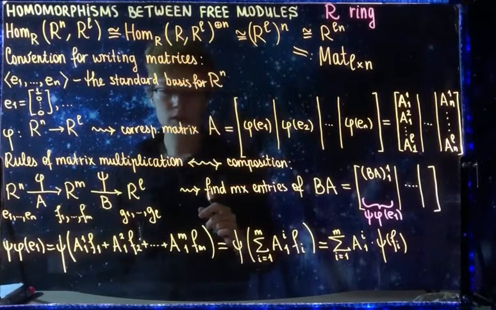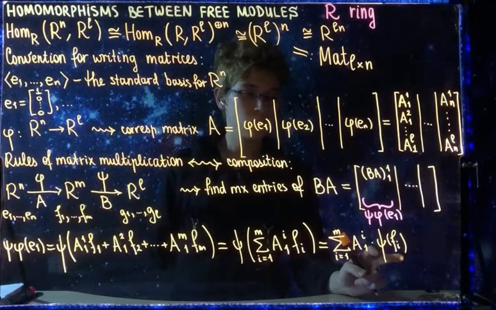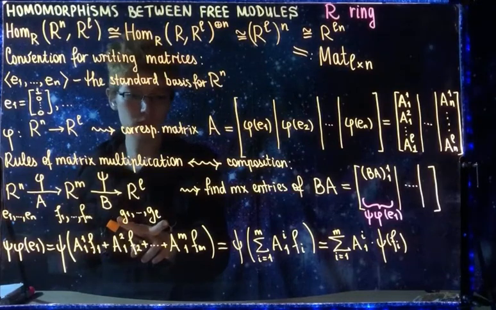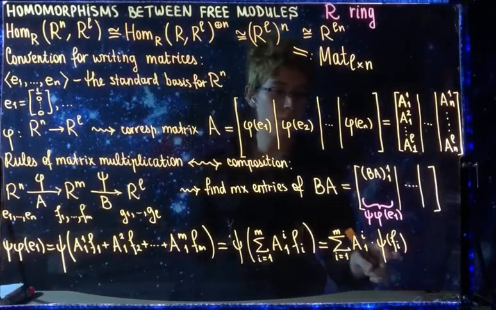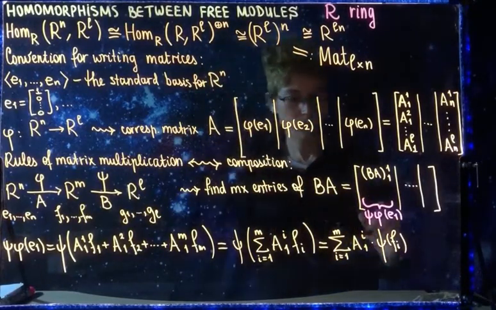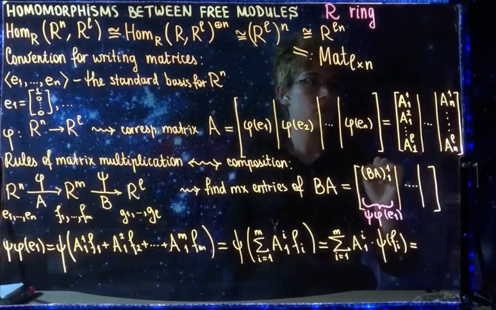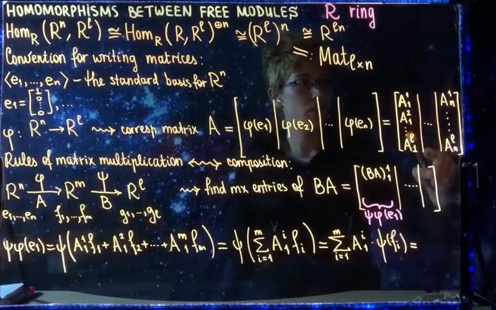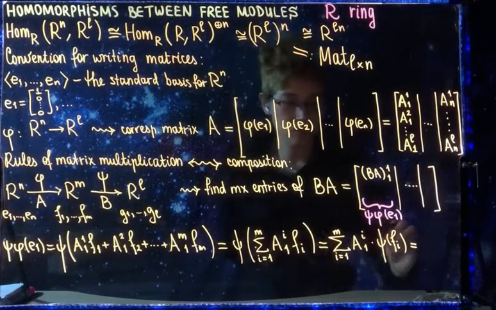And now Fi, the image of Fi goes to the linear combination of Gj's with the coefficients that are in the ith column of B. So imagining that this is B, we would take the ith column of this matrix and take its coefficients to write them by G1 through GL.